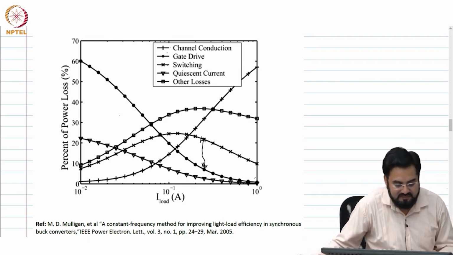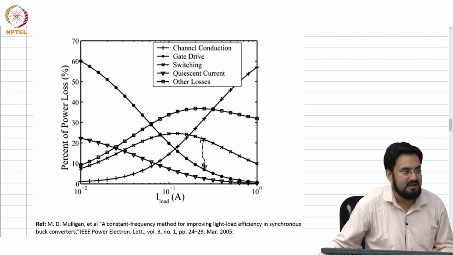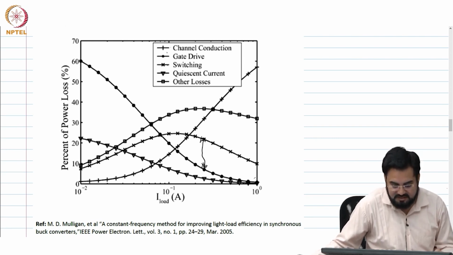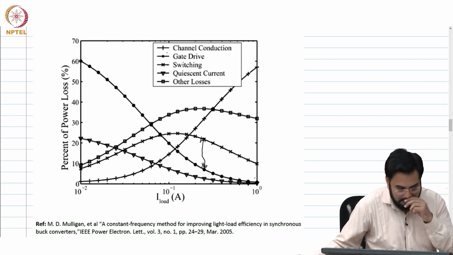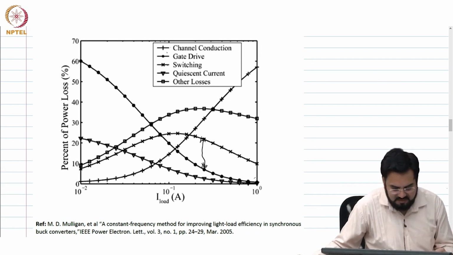It is showing which one is dominant at what point. So, when your load is very high, this is your switching loss and this is your other losses and channel conduction loss.